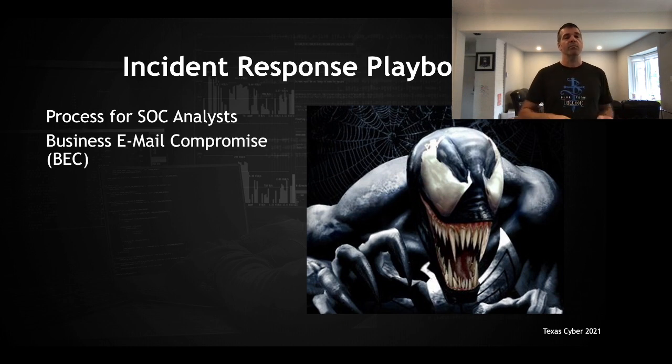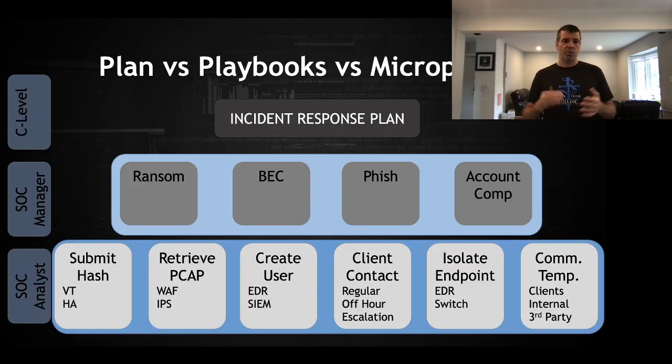In this case, it would be Business Email Compromise, or BEC for short, that we see a lot in the industry. So here I just want to show you incident response plan versus incident response playbooks versus what I call micro plays or work instructions.